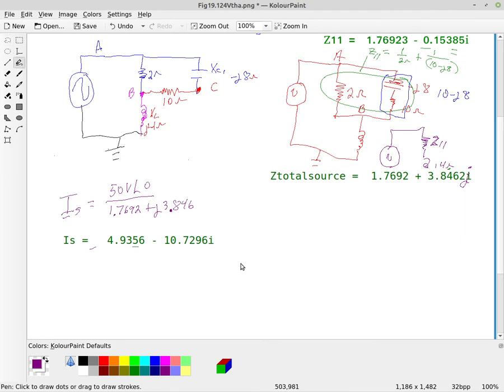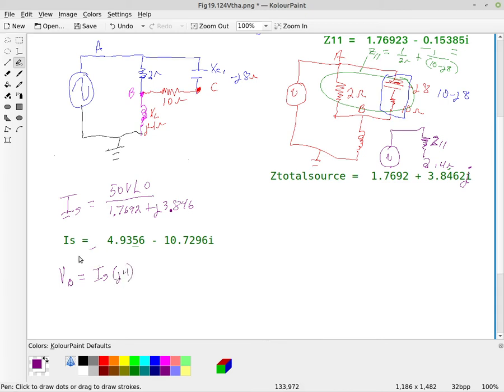Okay, and now that we have that current, we can find the voltage VB, because that's the current through the inductor. So the voltage VB to ground is this supply current, IS, times our inductor, which is J4.